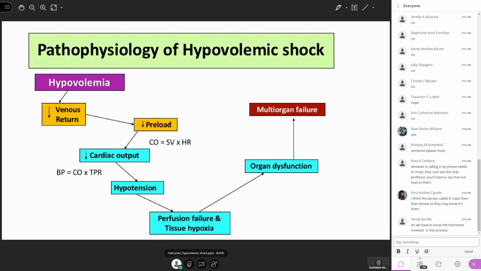Give me 1 second. Do we have to know the hormones involved in the process? I'm sorry? Do we have to know all the hormones in the process for each thing that happens? Like, do we have to know about the hypothalamus and the ADH and all that other stuff? 100% not. And I'll answer questions specifically.